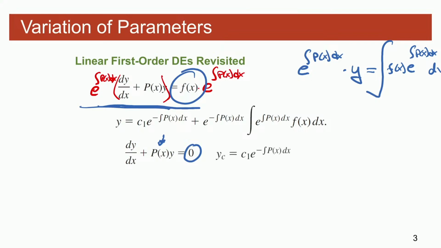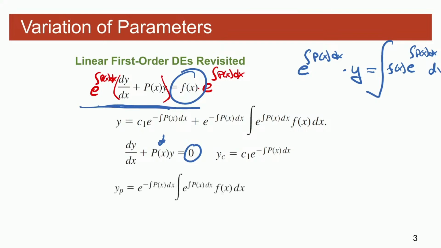You wouldn't have this nasty thing here. So you would just have this. You'll notice that this is like your complementary solution, and this stuff here is the particular solution. So the complementary solution is this thing. The particular solution is this times an integral.